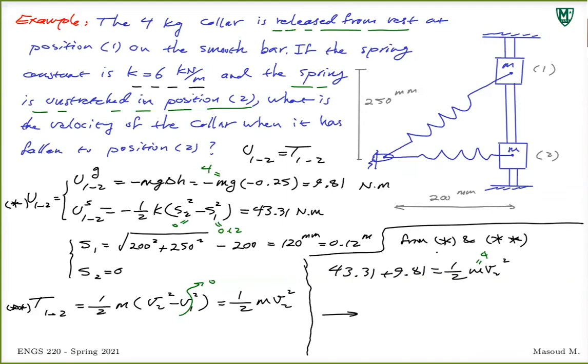Plug in the 4 kilogram value there, and V2 becomes 5.15 meter per second. Velocity at point 2.